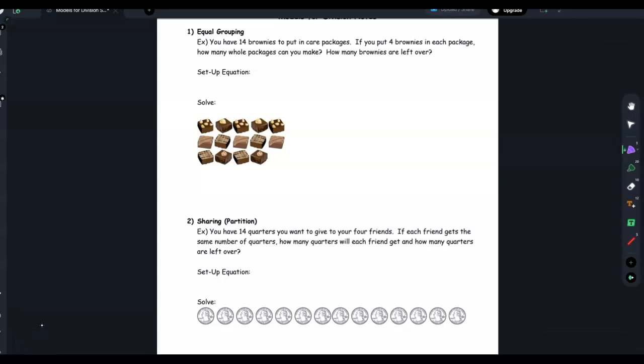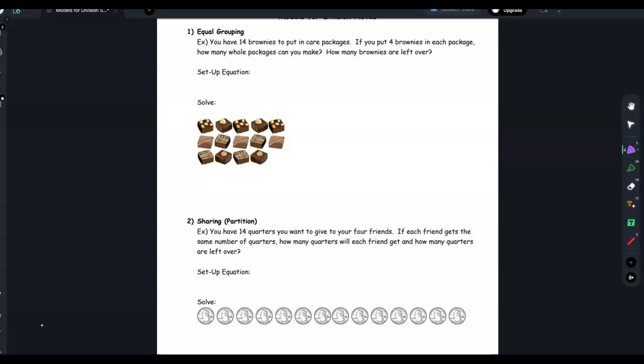This is a little easier to see once we look at the picture and the setup equation. To start the picture for both of these, we're just going to draw our objects. You can see here, I've got 14 brownies drawn for the first example. I would start that the same, whether this were equal grouping or sharing partitioning. Keep in mind that we don't know the answer.